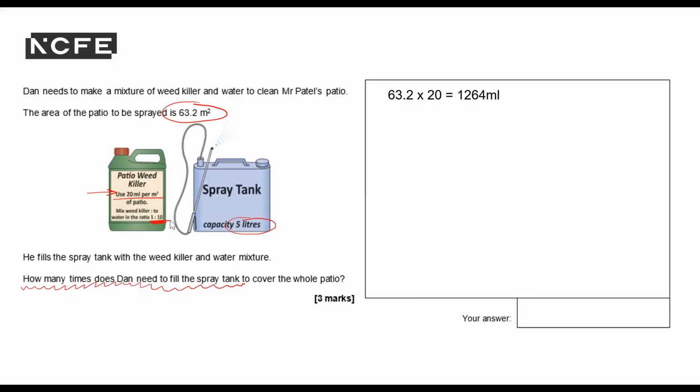Now, it also says I need to mix the weed killer to water in the ratio 1 to 10. So for every 1 milliliter, I need 10 milliliters of water. So to work out how much water I need, I multiply by 10. So 1,264 times 10. I'm not going to use a calculator for this, because I'm very good at multiplying by 10, but I could if I wanted to.